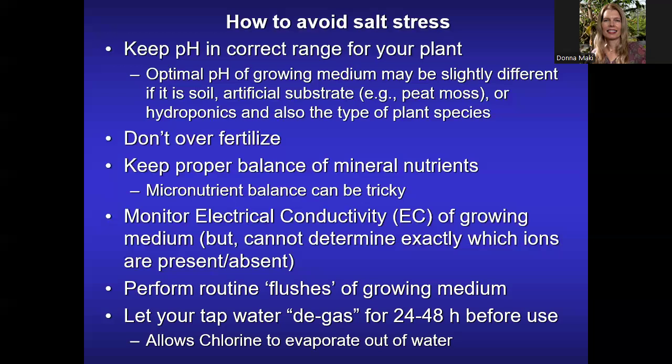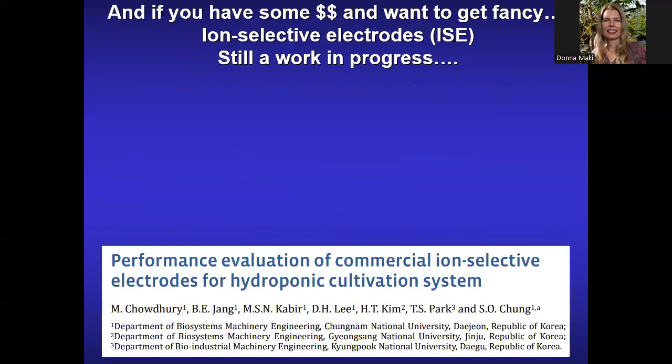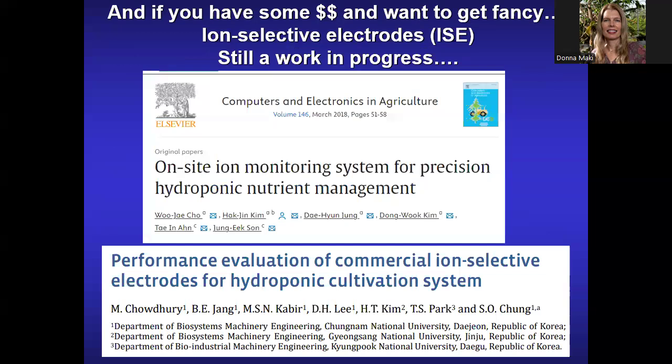So hopefully the technology will get a little bit better, but right now it's expensive. They're trying to come up with a less expensive tool that can be sold for pretty much anyone to use. But to do ion selective electrode testing, you can do it at a university, but most people don't have access to a university.